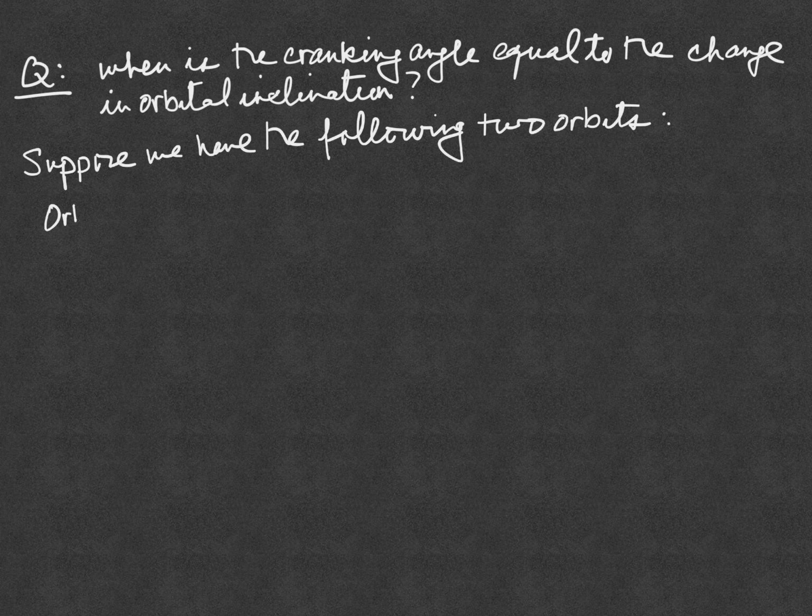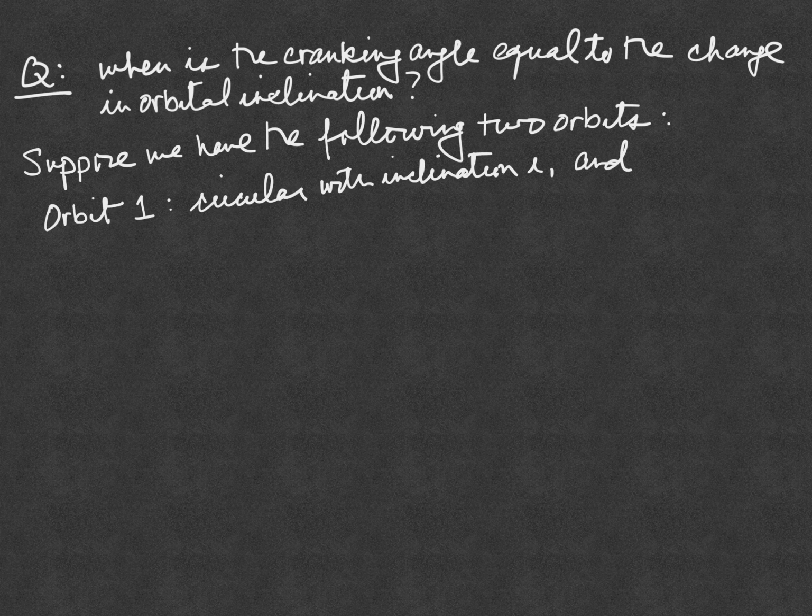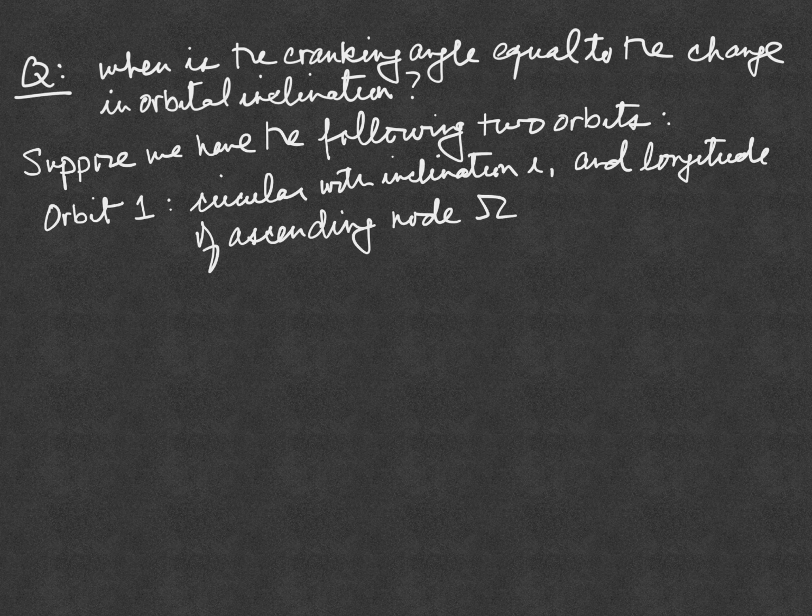Orbit 1 is circular with inclination I1 and longitude of ascending node omega 1.